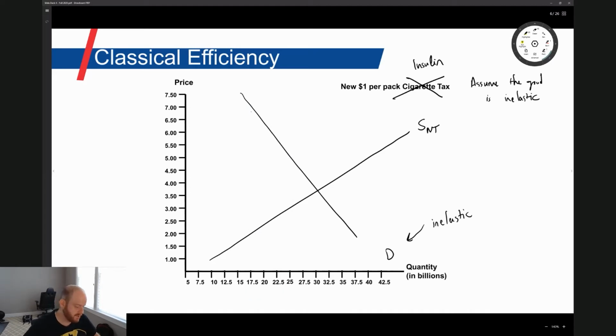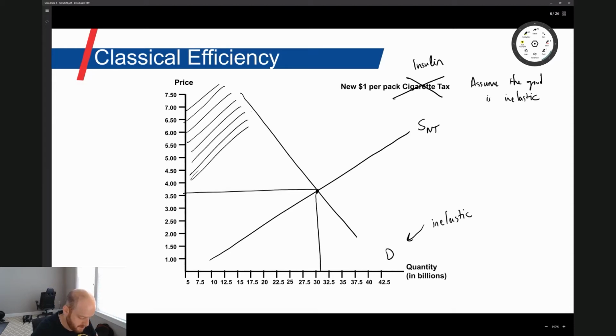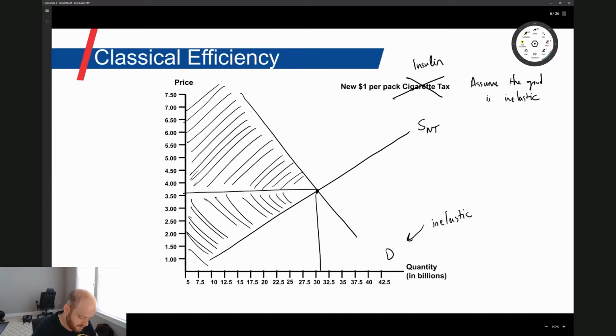And similarly, right, we have a market equilibrium at this point, and we have consumer surplus up here, and we have producer surplus down here, right?